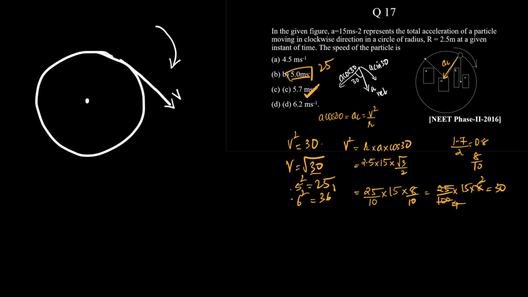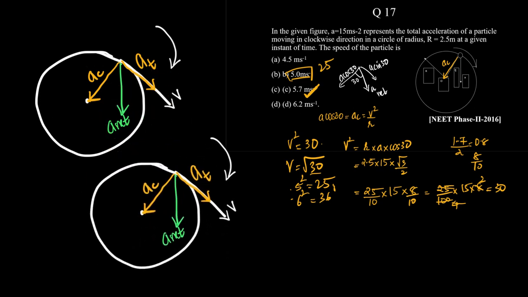This is the velocity vector. This is the centripetal acceleration, and this also is the tangential acceleration, and we know that the resultant vector is A net.